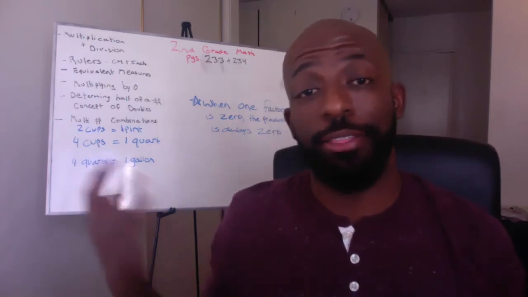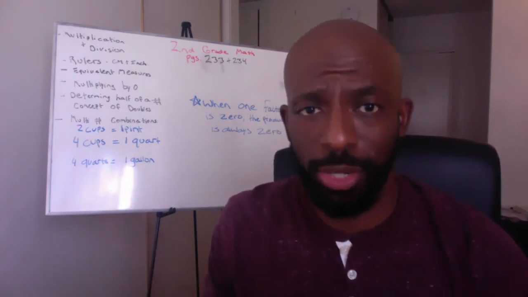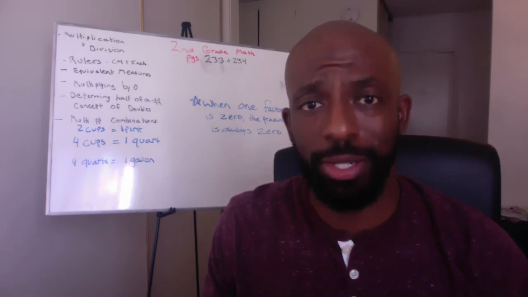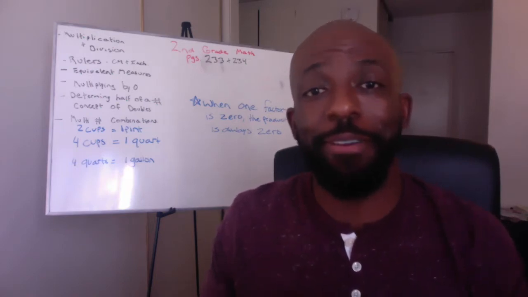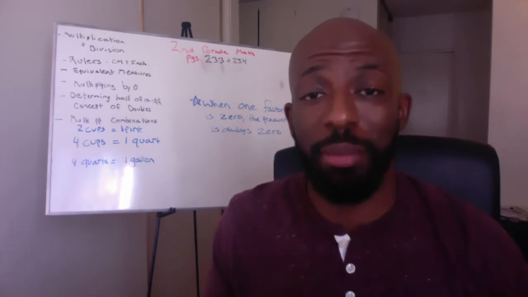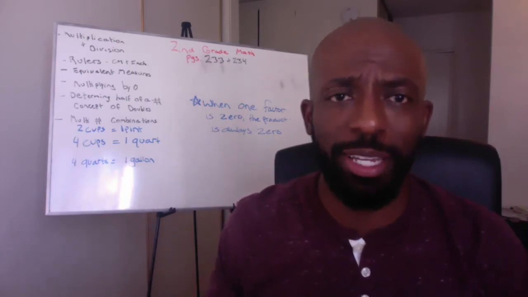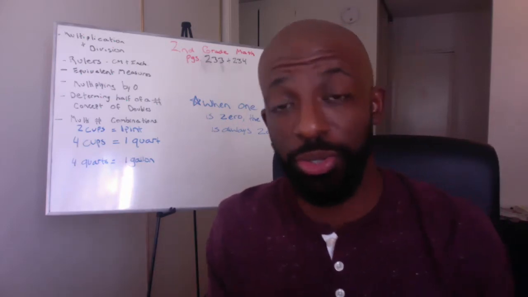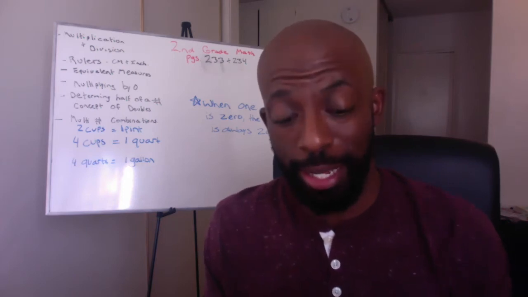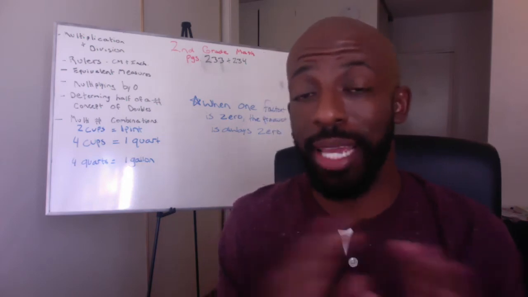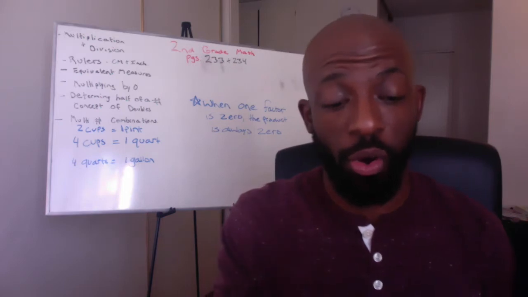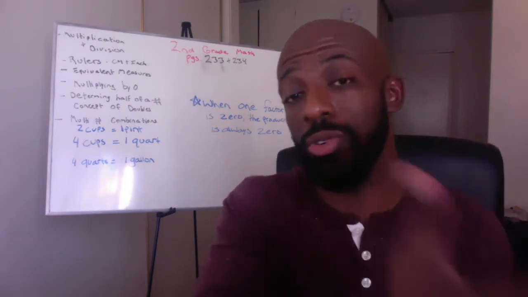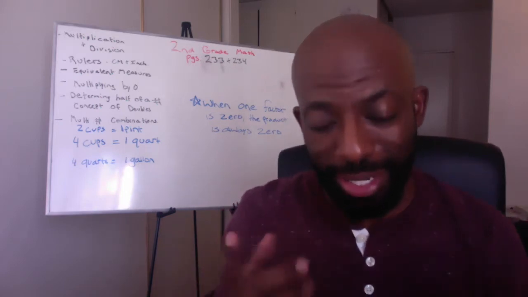So I could say 1,000 times 1. Guess what? The answer is going to be 1,000. I could say 15 million times 1. The answer is going to be 15 million. So 0 times anything is always going to be 0. 1 times anything is always going to be that number, all right? That's just a little trick there.